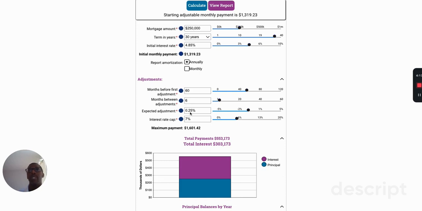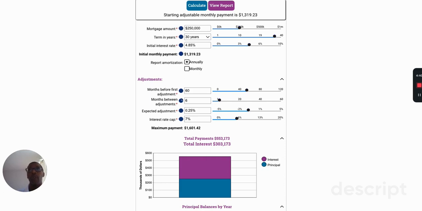And let's just say the adjustment is 0.25, so this is 0.25 going up. So this is base. And then your cap, meaning the rate cannot go any higher than this, or you will not have a rate higher than this amount. This would be your cap. Here you can see that your payment would be $1,601.